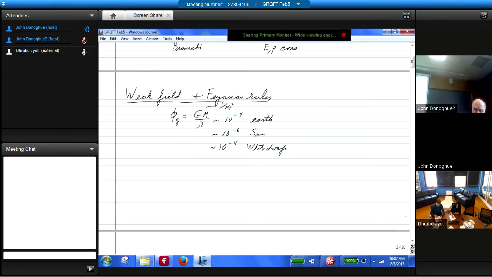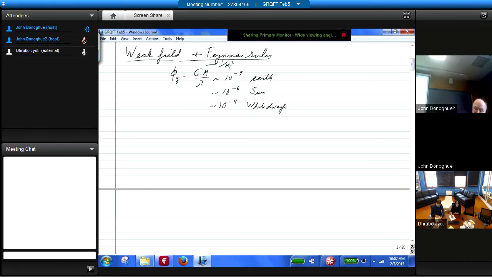But this lets us imagine that the deviation of the metric field from being essentially flat, which is how it feels here, is small. So the weak field limit is g_{μν} = η_{μν} + κ h_{μν}.